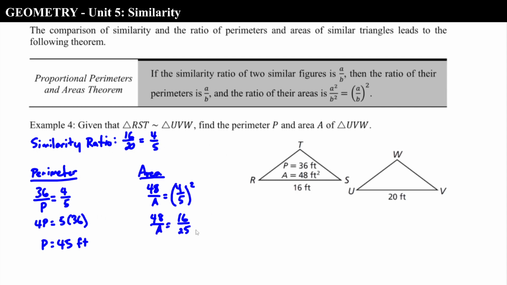And then you can cross multiply. You get 16a is equal to 25 times 48. And you finish off the math and you get that the area is 75 square feet. And that's how you find the perimeter and area for the second triangle when you're given the first, and you can find a similarity ratio to work with.